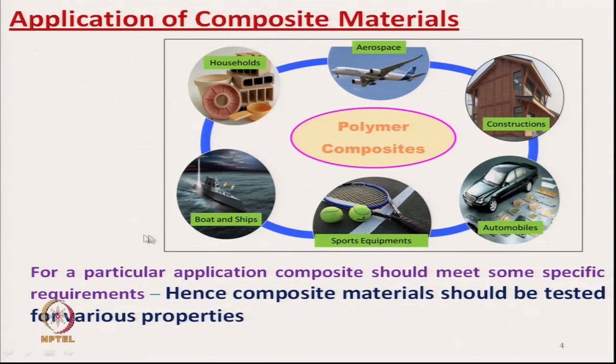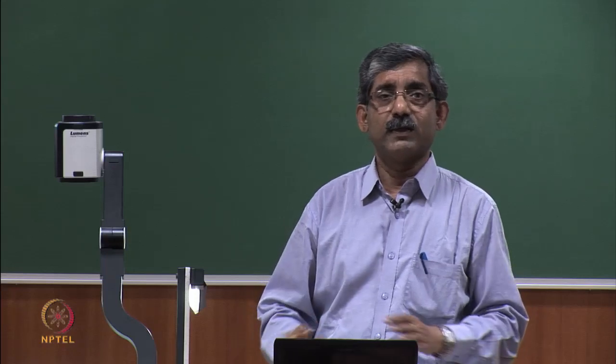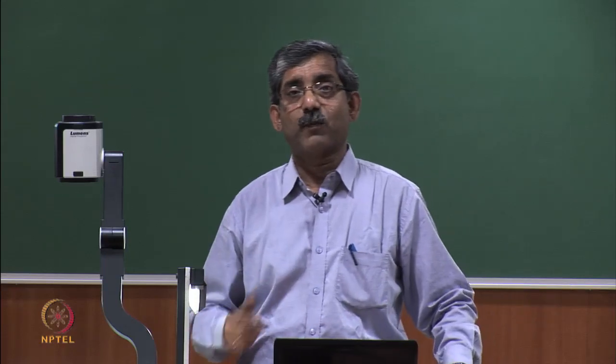And for boat and ship bodies we can use composites to make them lighter, and for household items we can also use composite material. Apart from this there are many other applications. For a particular application, the composite should meet some specific requirements, hence composite material should be tested for various properties.